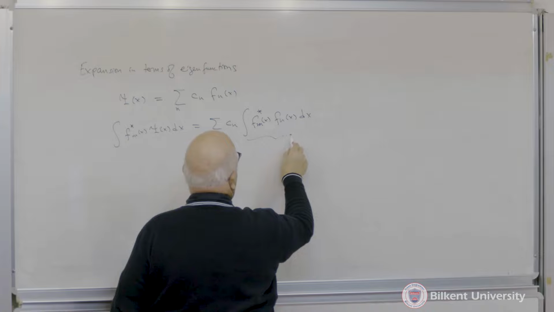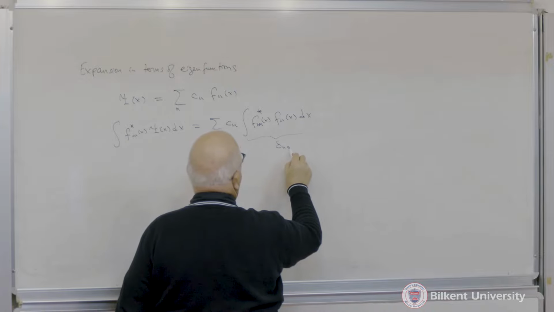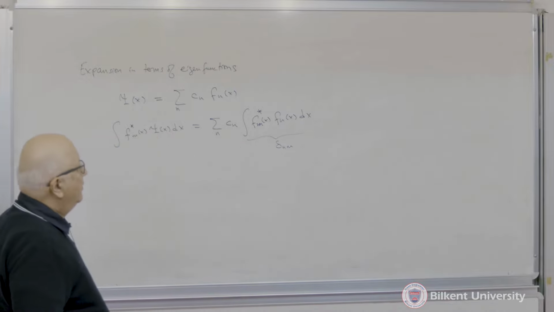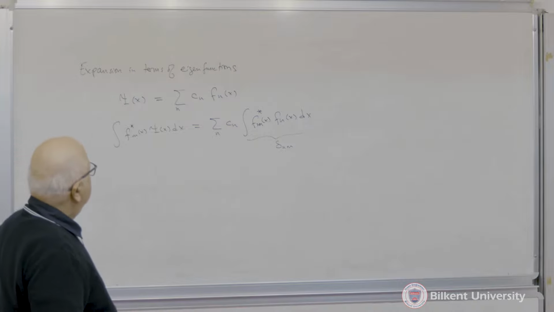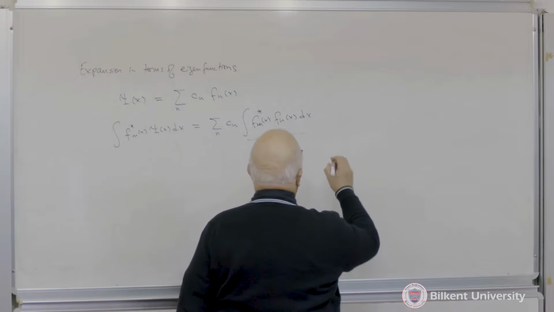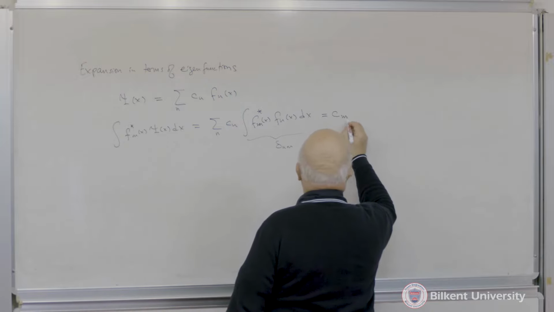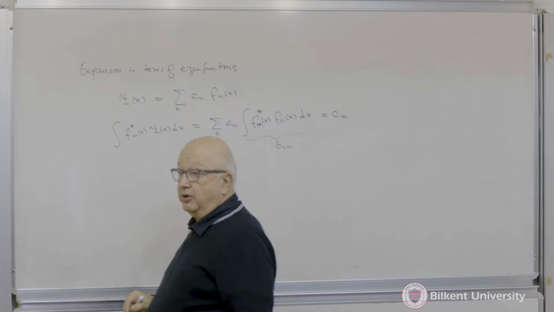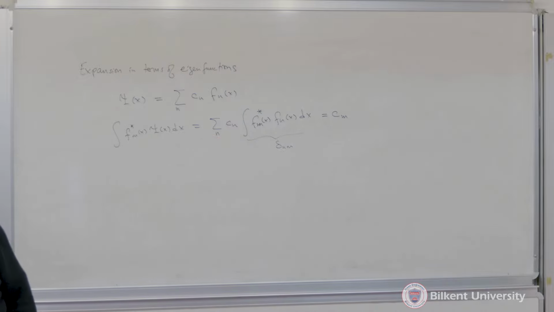We just said that we are going to choose these things as orthonormal, and that means all terms here except the mth term will be 0, and I get my c_m. That's very nice. It gives me a way of expanding everything in terms of that.